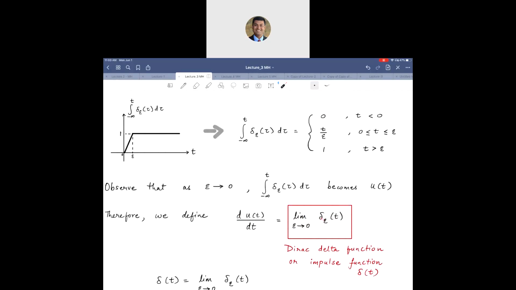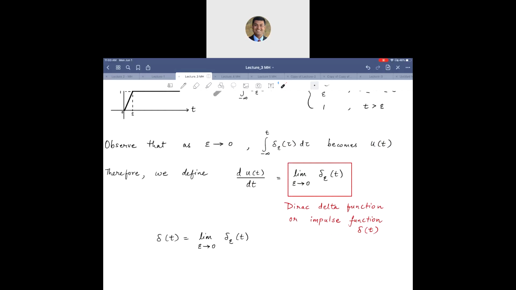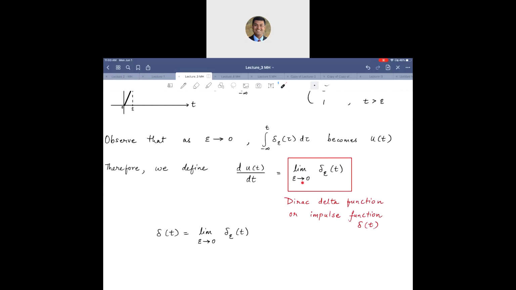Because we are differentiating, when you differentiate this you get delta sub epsilon, and when you differentiate the other side you get the left-hand side. The limit as epsilon tends to 0 of delta sub epsilon of t is defined as the Dirac delta function, or simply the delta function, which we are going to call an impulse function.